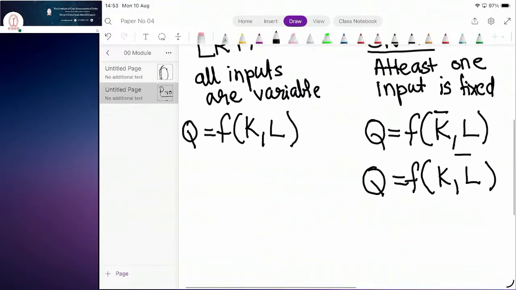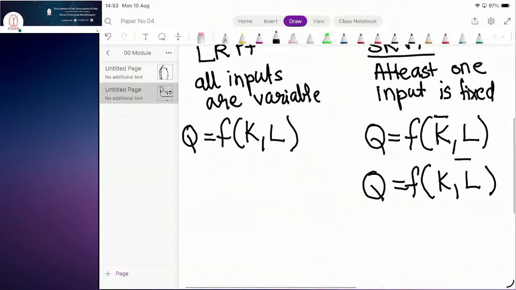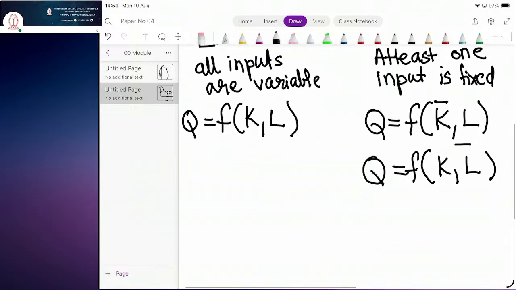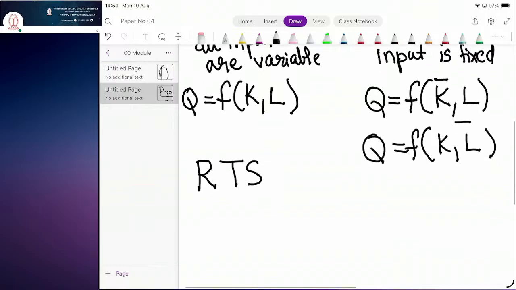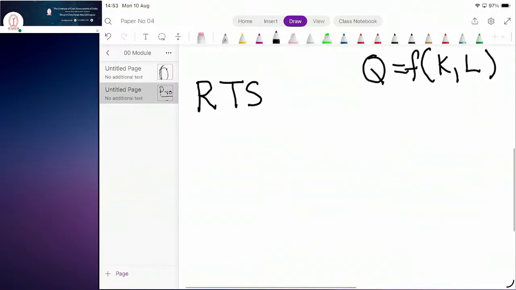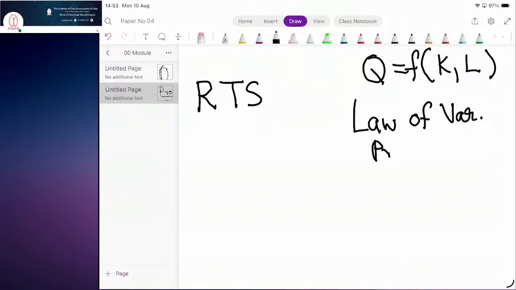Now attached to both of these, the long run production function has a law called returns to scale, and the short run production function has a law called the law of variable proportions.